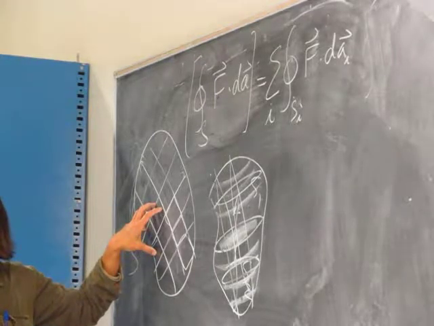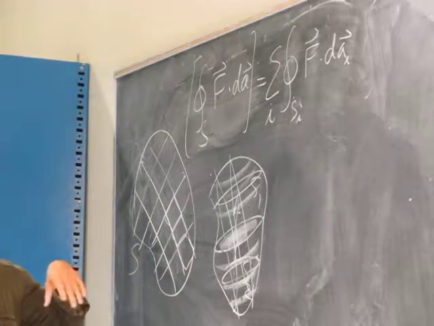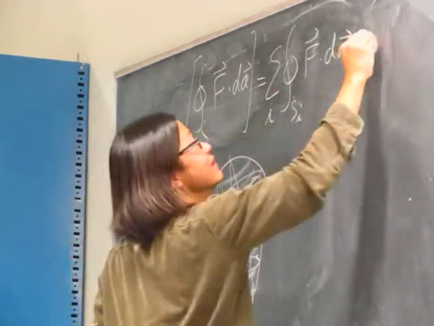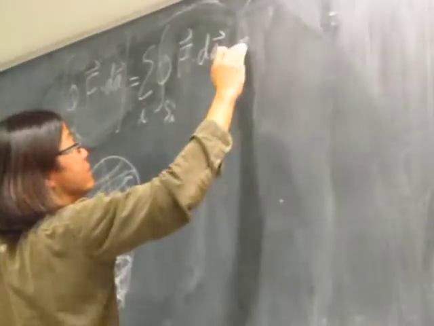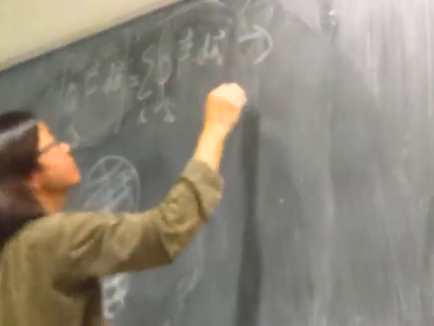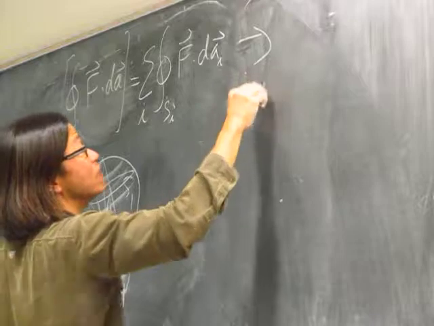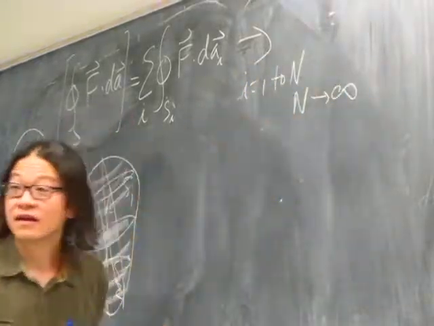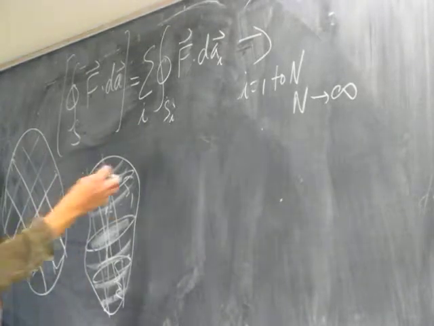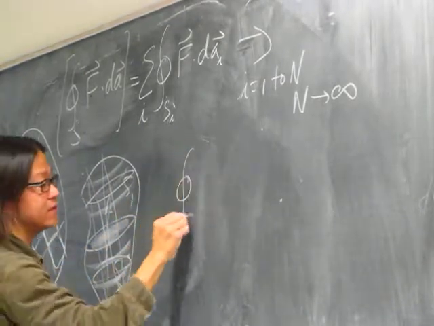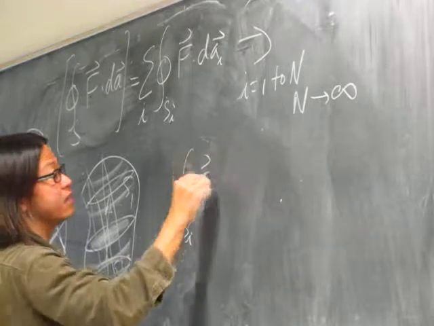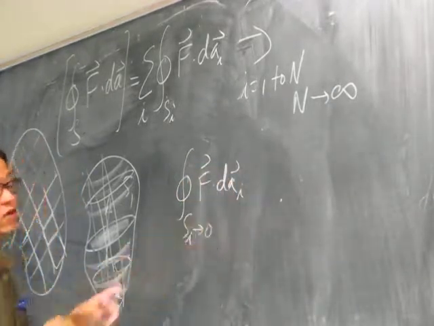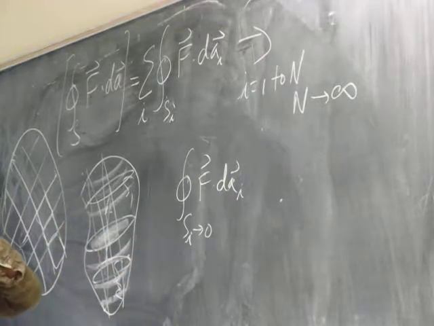Now if I take this process all the way, with i going from 1 to n, and take n to infinity, then I have to evaluate the integral of F dA over Si as Si goes to 0, when this volume goes to 0.